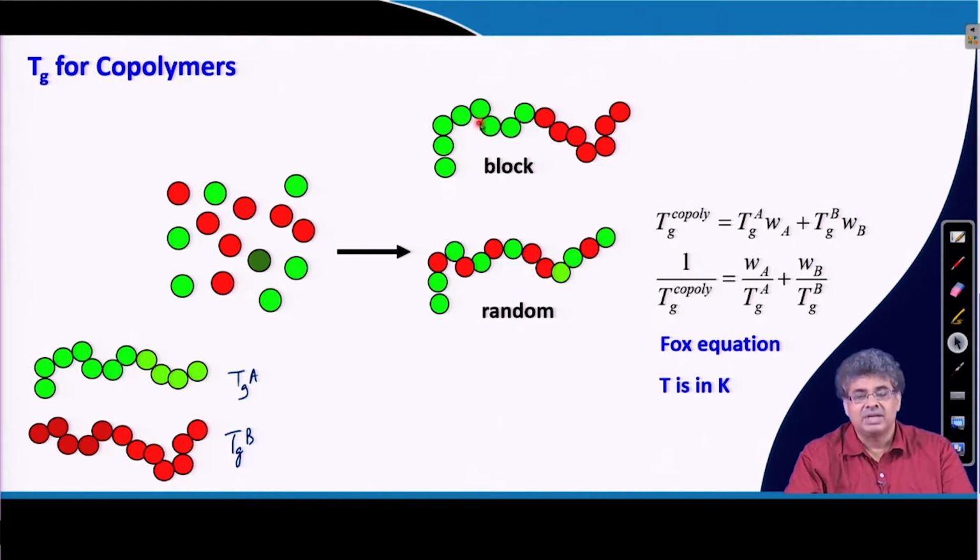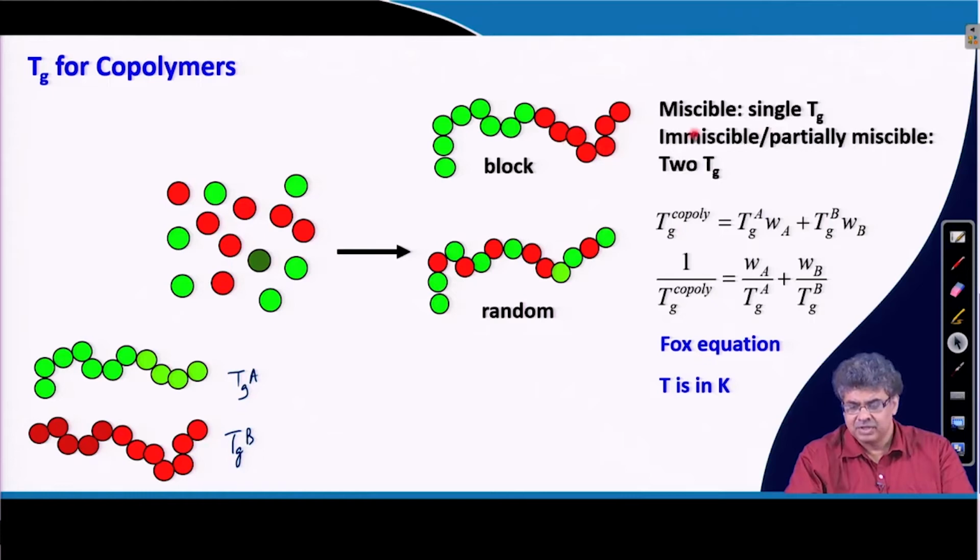If they are completely immiscible, then we will have two Tgs, one corresponding to this block and the other corresponding to the other block, which means Tg A and Tg B. There could be a small deviation from the homopolymer Tgs, but it will be very close to those Tgs. So, if it is miscible, we have a single Tg given by these expressions, and if it is immiscible or partially miscible, then we will have two Tgs.